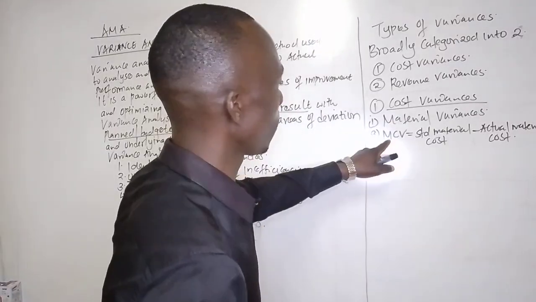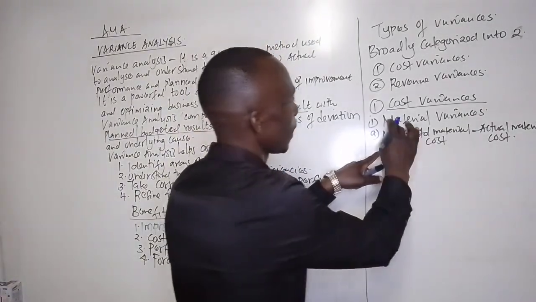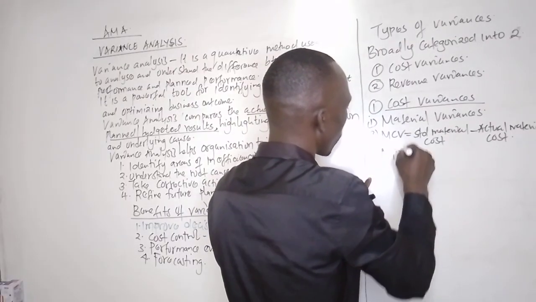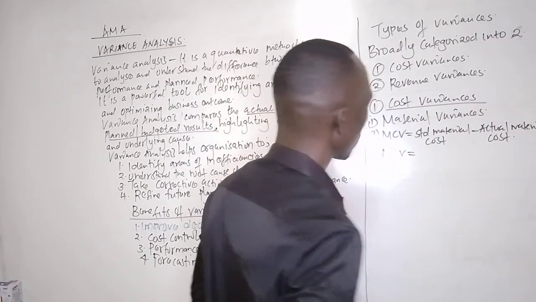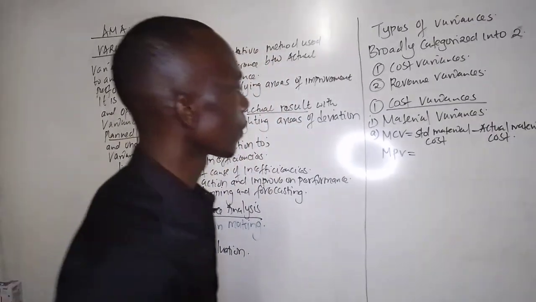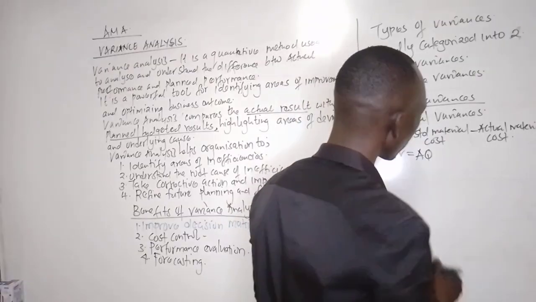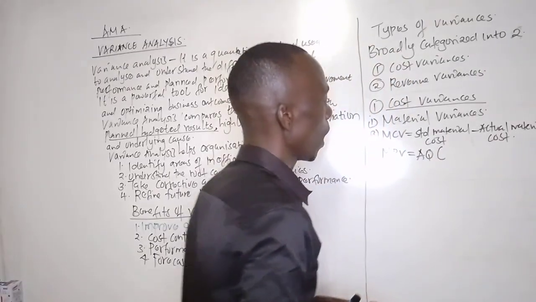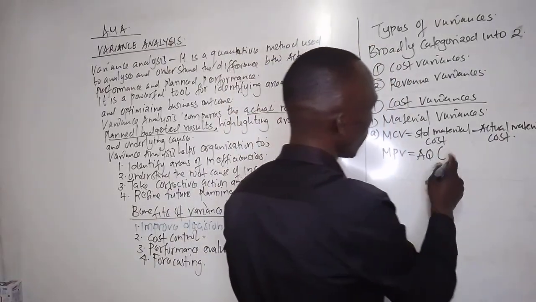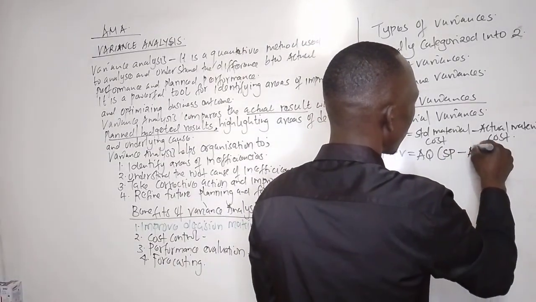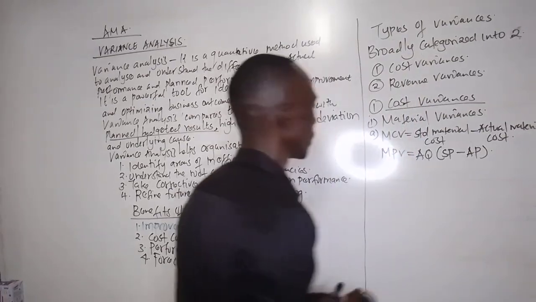Then, under the material variances, we have the material price variance. The material price variance is given by the actual quantity into the standard price minus the actual price.